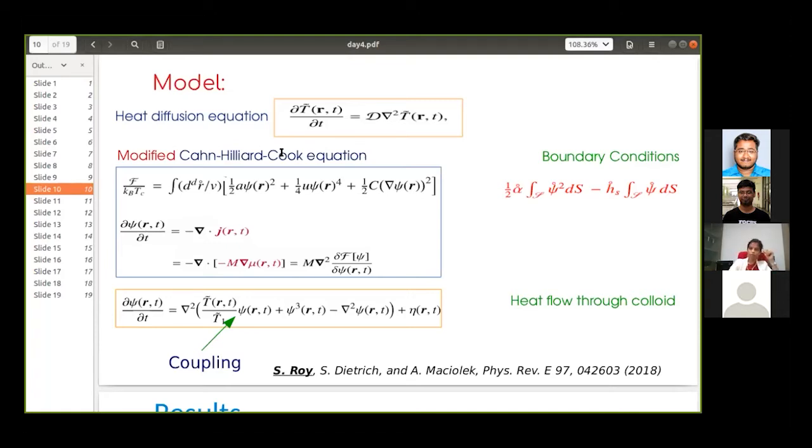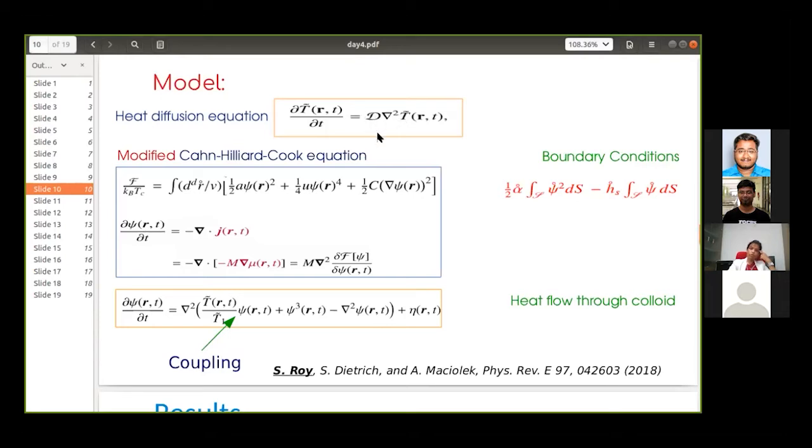Now, for the temperature field, as the simplest approximation, what one does is to solve the heat diffusion equation. The heat diffusion equation, like you know, takes care of the fact that you have a temperature source and you have the temperature field, and how it changes as a function of time and space. So that's what is shown here. Don't worry about this constant term D here.